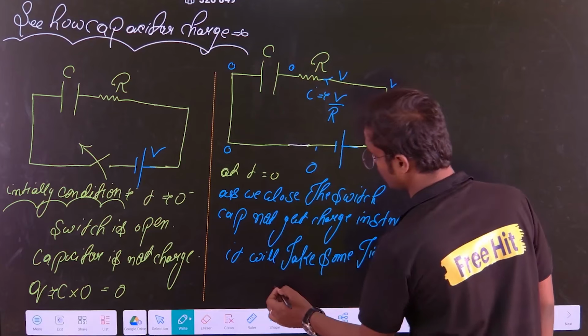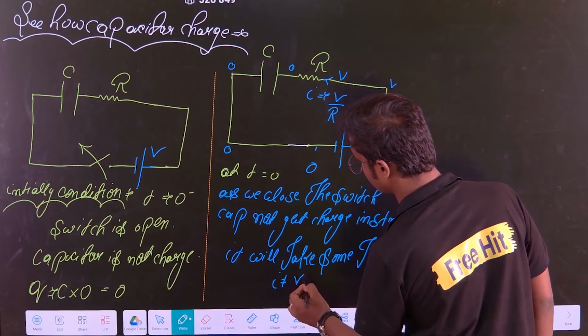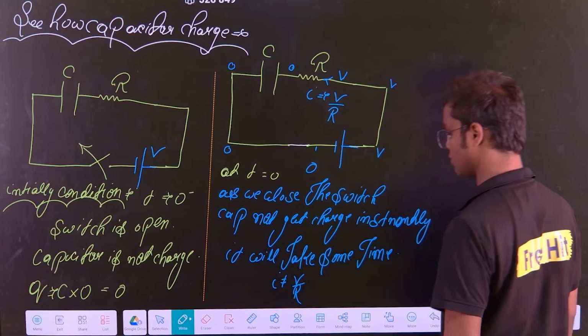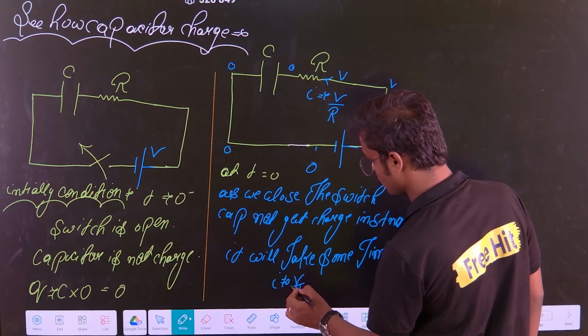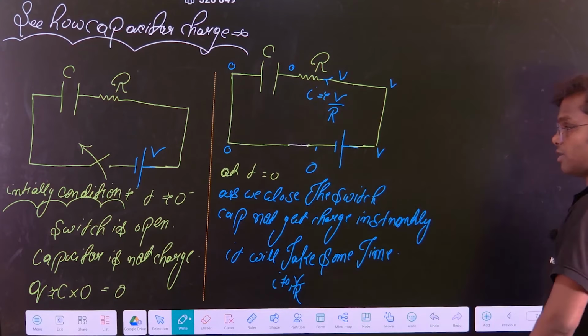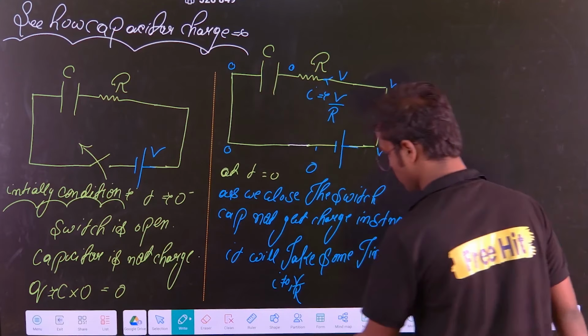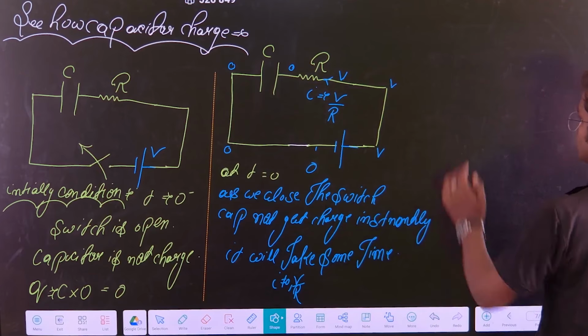At that time we have a current I that is not equal to 0. That is V by R. Not equal to 0. The value is V by R. That thing we know. This much I hope you understand.